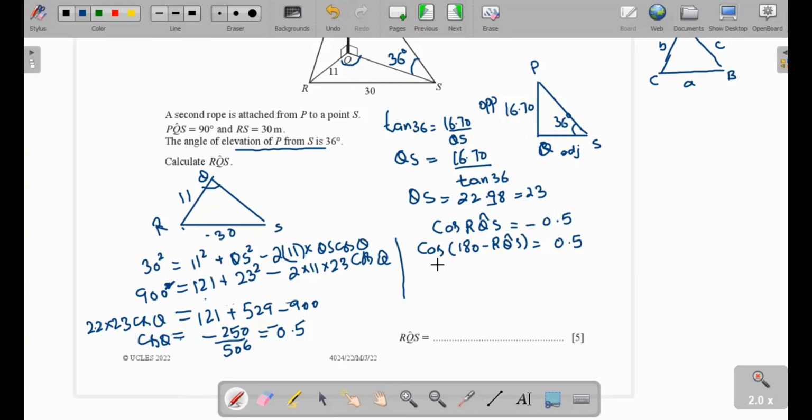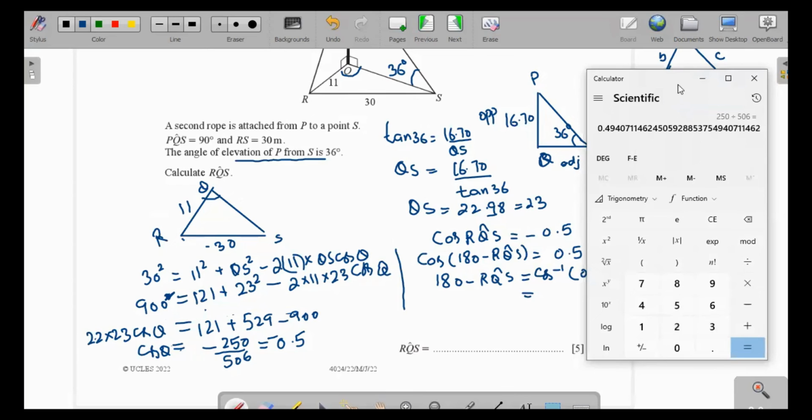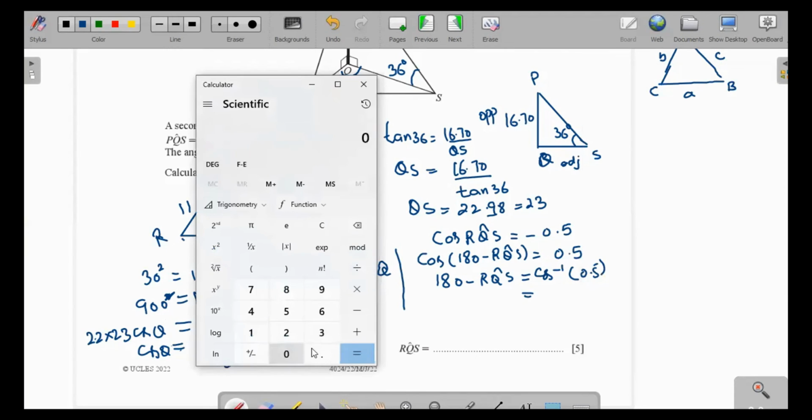Now we take the cos inverse: 180 minus RQS is equal to cos inverse of 0.5. We take 0.5 and cos inverse, that is equal to 60 degrees.